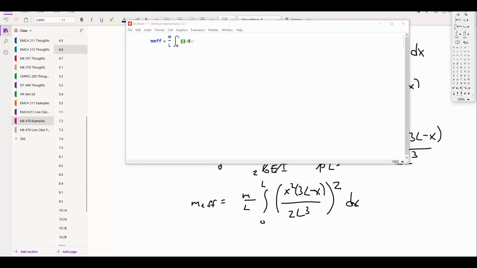So x squared (3L minus x) over 2L cubed, this gets squared, dx. All right, so we see here the effective mass. Actually, all the L's are going to cancel out when I do this. The effective mass is 33/140ths of the entire mass of the tail section.